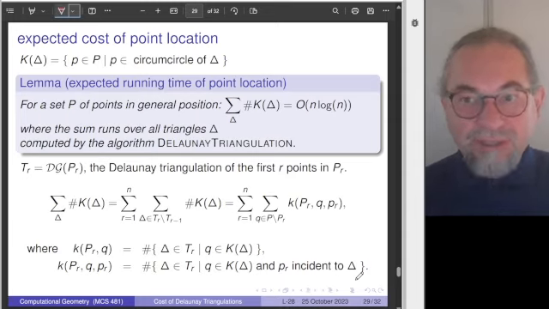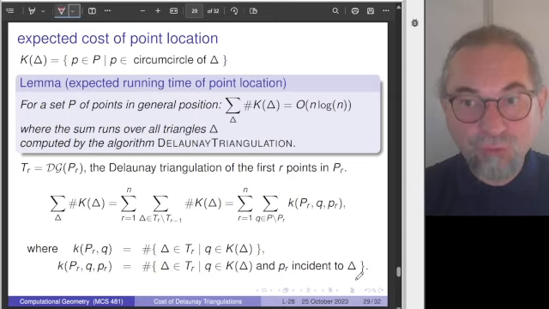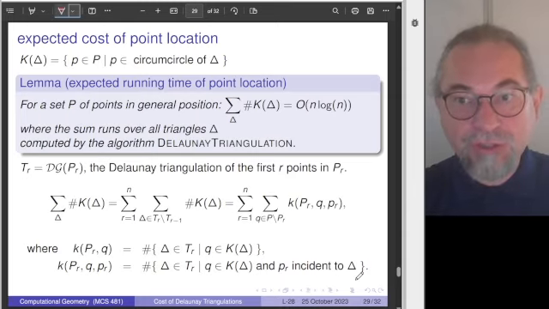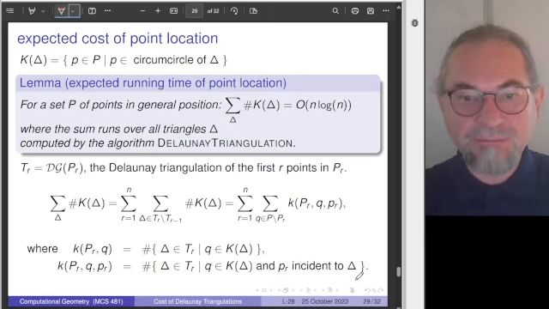So the notation is perhaps a little bit involved, but it is very precise. When we are constructing new triangles, we not only have to consider the new triangles, but also the adjacent ones, because we may have illegal edges.